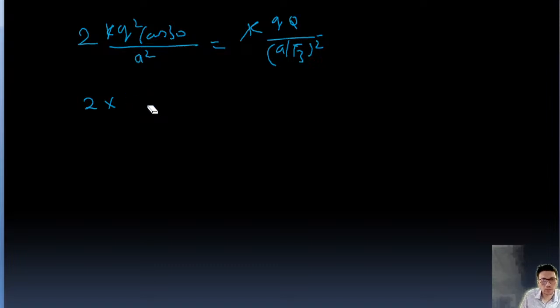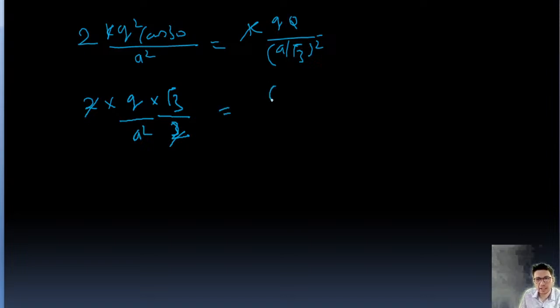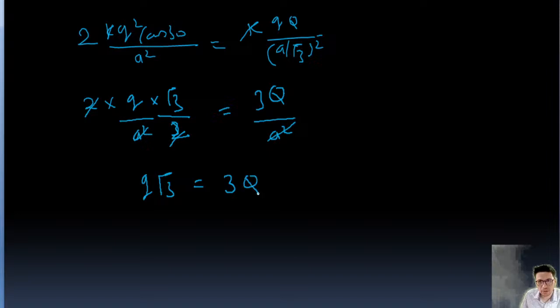So this is going to be Q cos theta, cos 30 value is root 3 by 2 upon a square. 2 will get cancelled, a square also will get cancelled, so this is going to be Q root 3 equal to 3q.